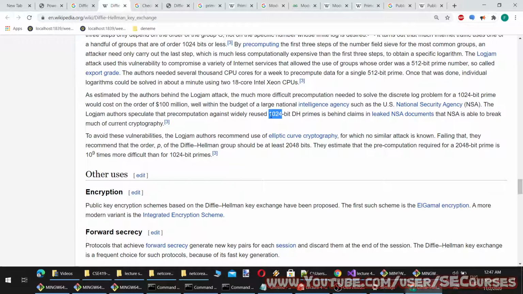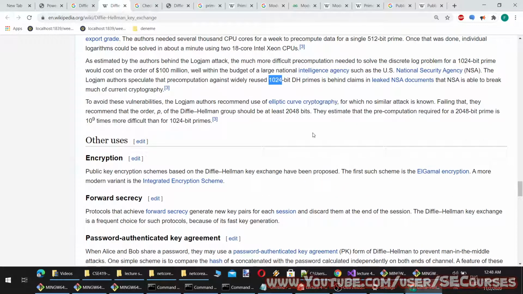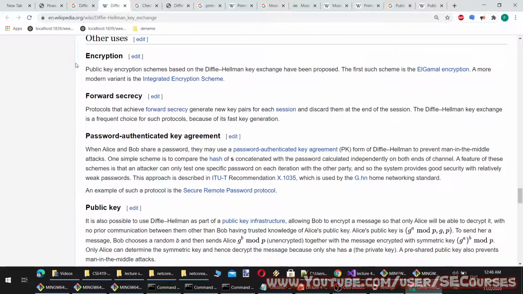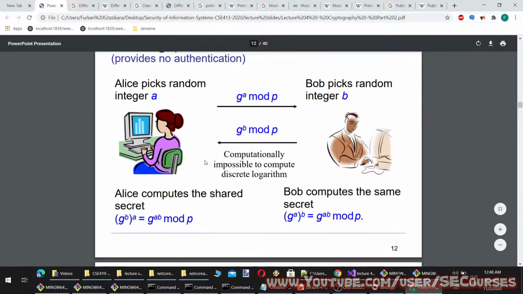Even 1024 bits was secure until very strong computers and high budget came into the field. So currently a 2048-bit prime number is used. Okay, let's continue.